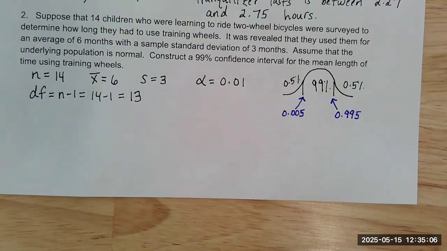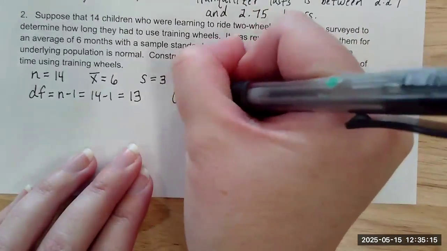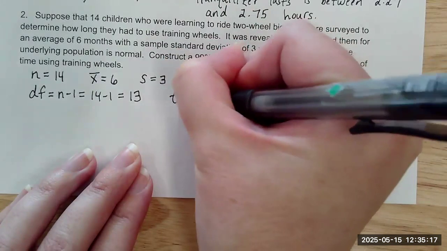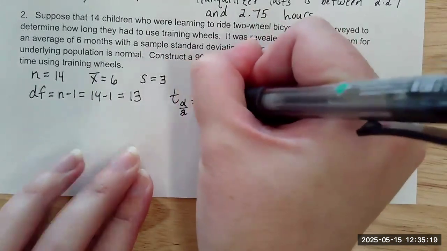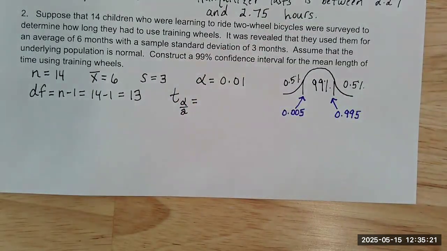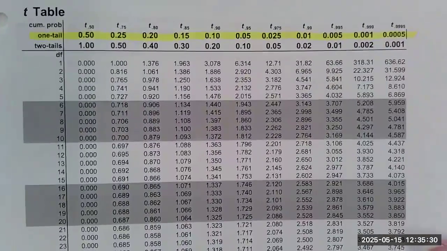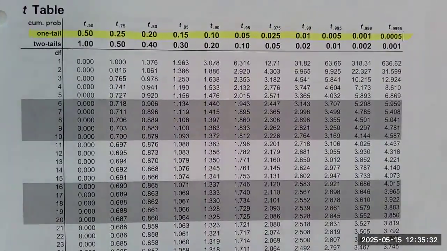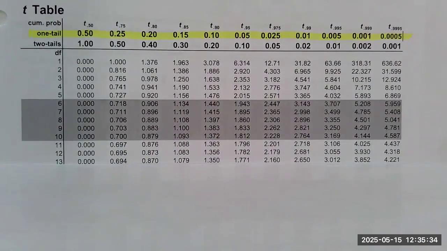All right, I now have everything I need to go figure out the t alpha over 2 value that comes from the t table. What I'm going to do is go down to degrees of freedom 13. So degrees of freedom 13 is right here.